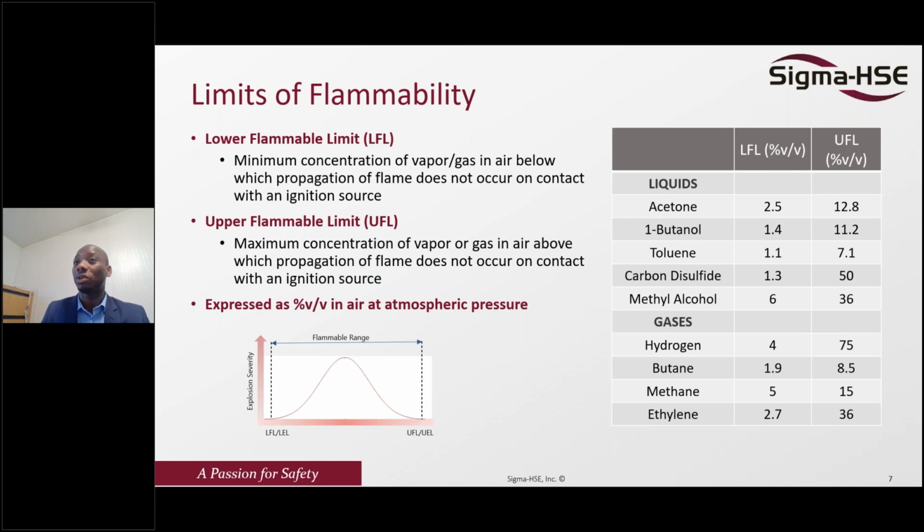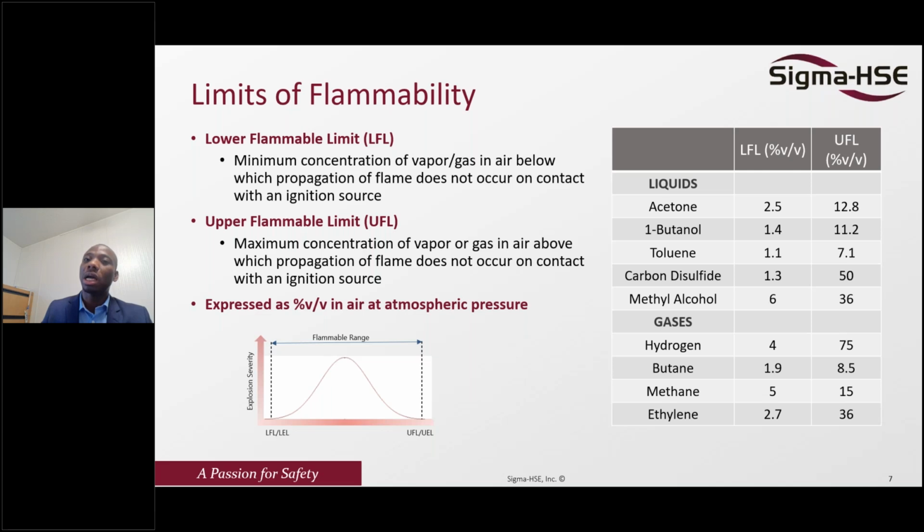This is not the topic for today's discussion, but just for you to know. In between the flammable range, there's always a point where the flame is at a stoichiometric concentration, where we have an optimum, enough oxygen and enough fuel to ignite and release the most violent explosion. And so this is the flammability limit.